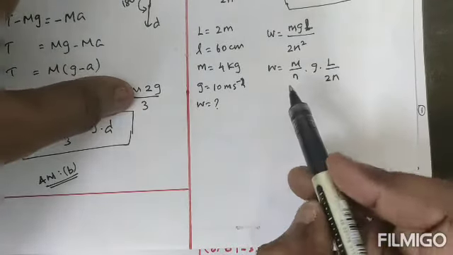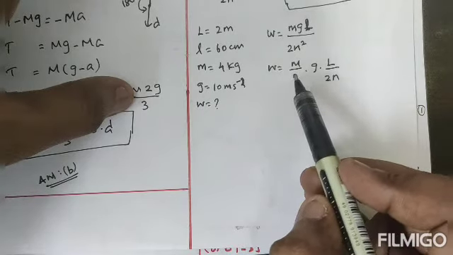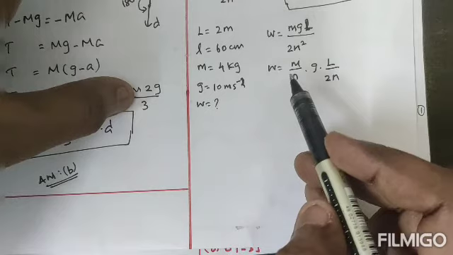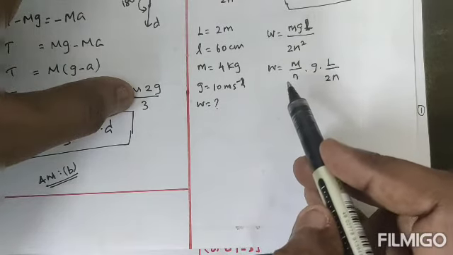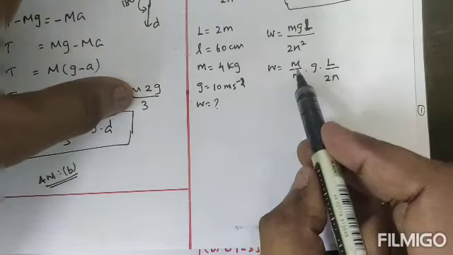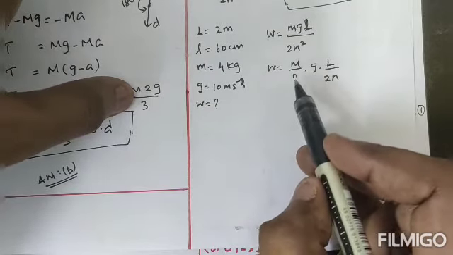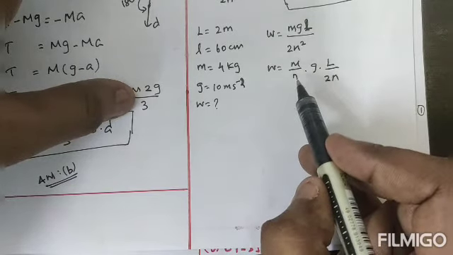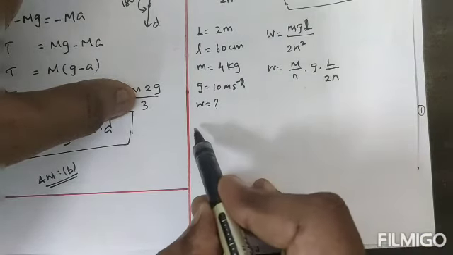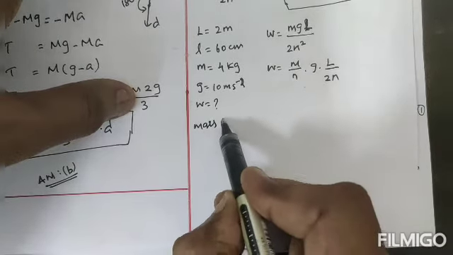First I am going to calculate m by n. M by n means the mass of the hanging part. So how do we find the mass of the hanging part? First we should find the mass per unit length.